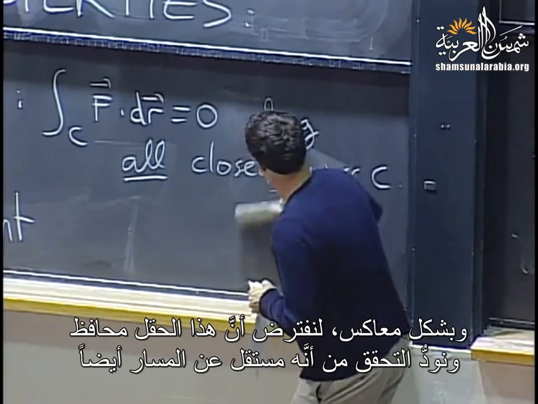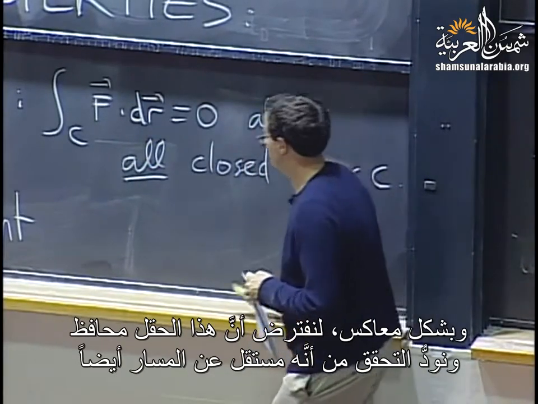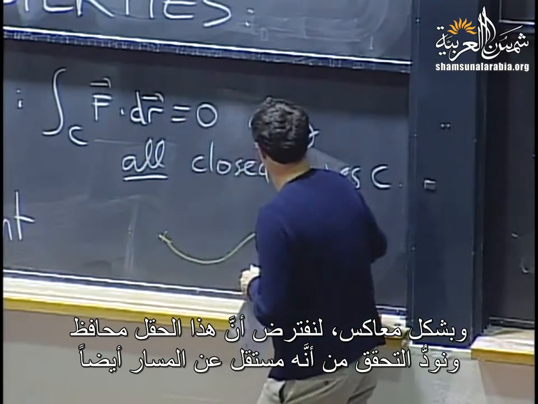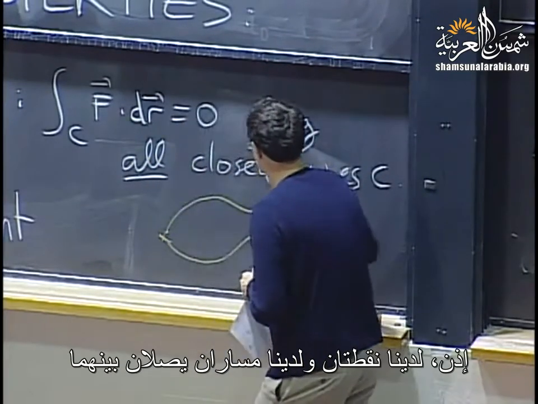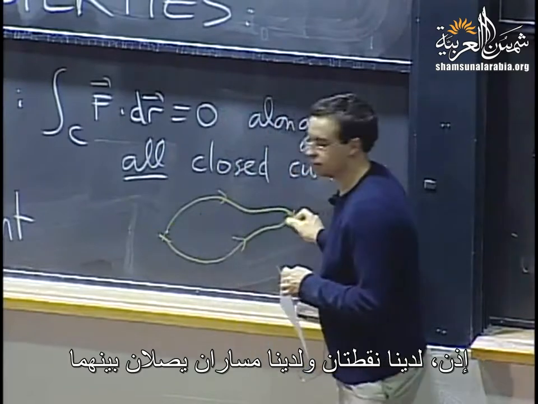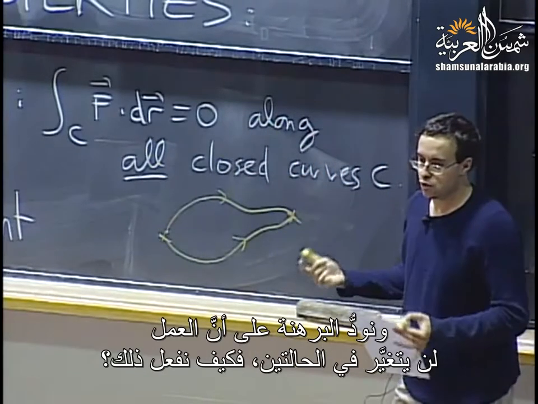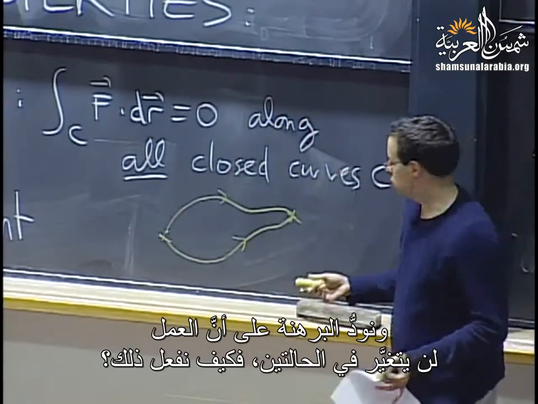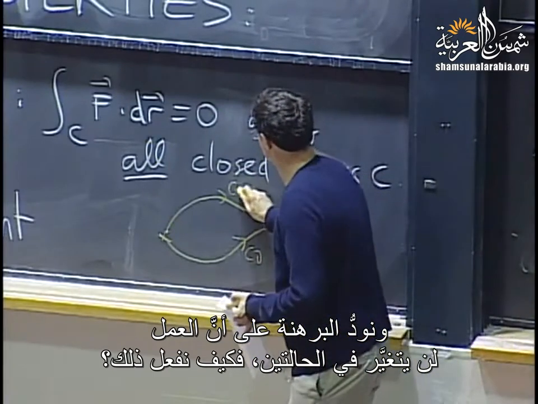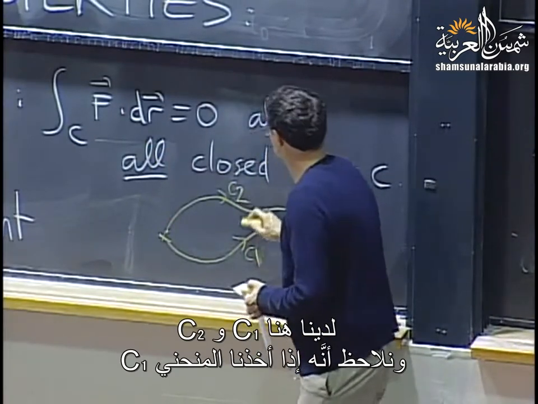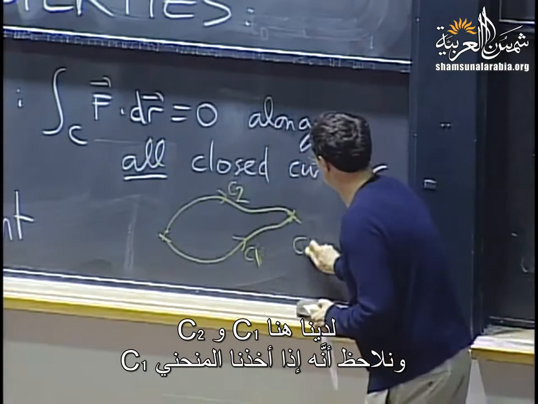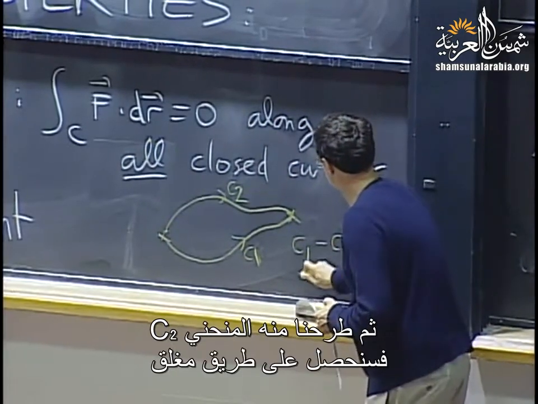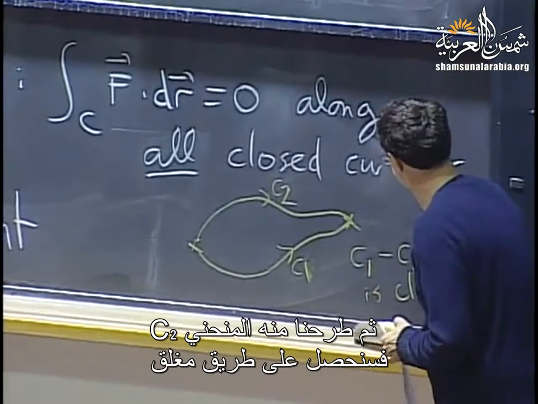Conversely, let's say that I'm just conservative, and I want to check path independence. Well, I have 2 points, and I have 2 paths between them, C1 and C2. I want to show that the work is the same. Well, I observe that if I do C1 minus C2, I get a closed path.